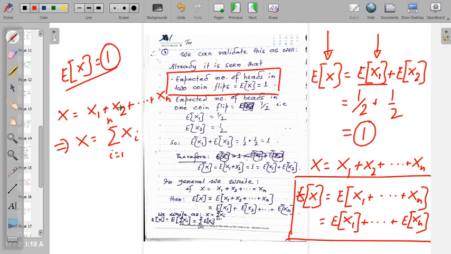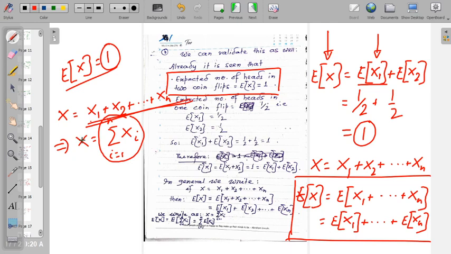If I expand this series, I will get x1 plus x2 up to xn. So instead of writing the long form, I'll write this. Then our life will be much easier. We'll see with an example how it becomes easier.